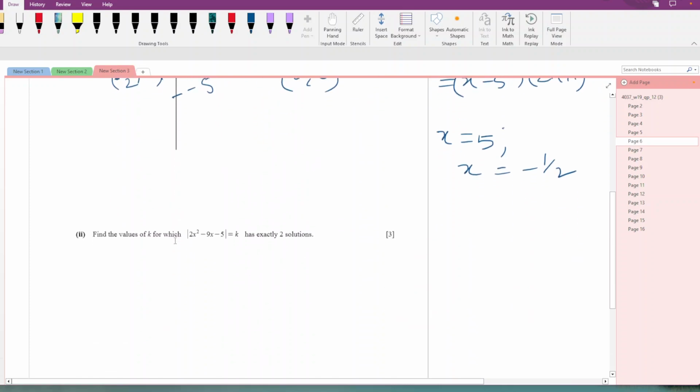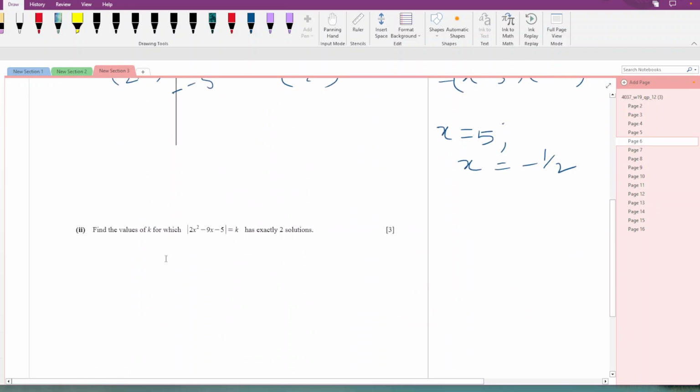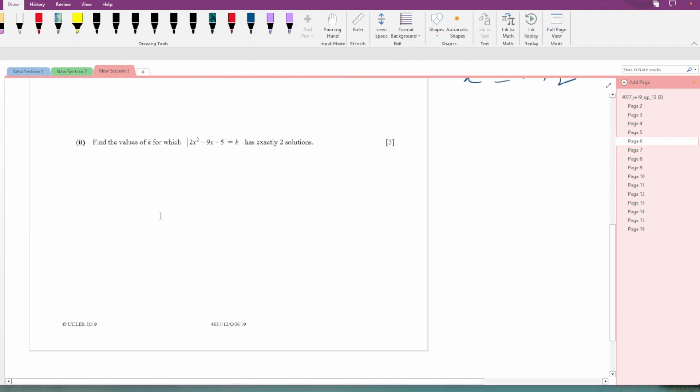Part 1 is done. Now part 2: find the values of k for which modulus of 2x squared minus 9x minus 5 equals k has exactly two solutions.